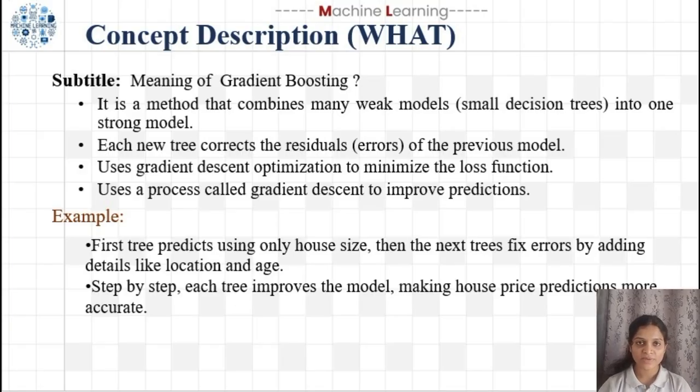For example, imagine a housing price model. The first tree depends only on the size of the house. The second tree adds the location of the house, and the next tree adds the house age. Then step by step, the predictions of the model get very accurate.